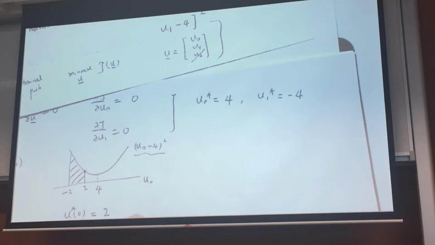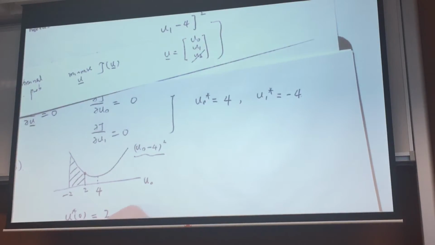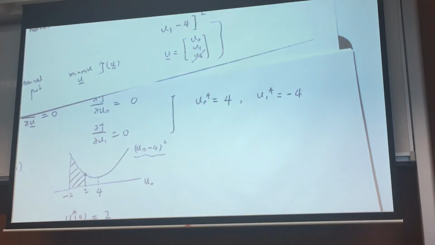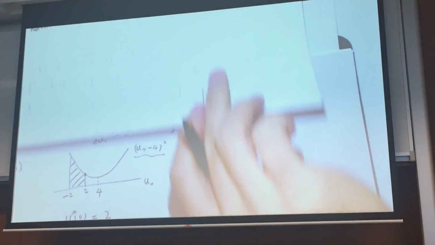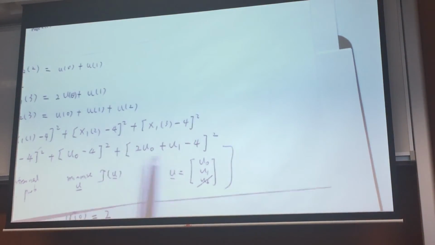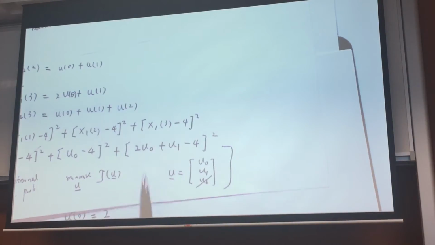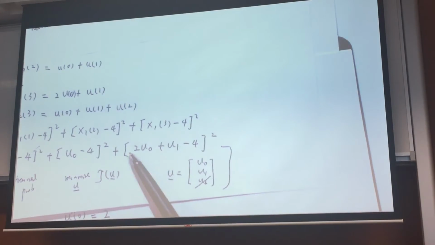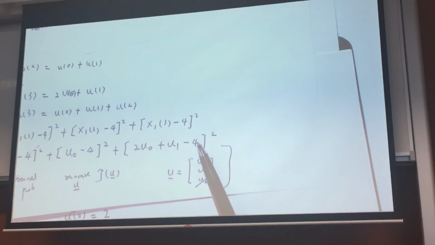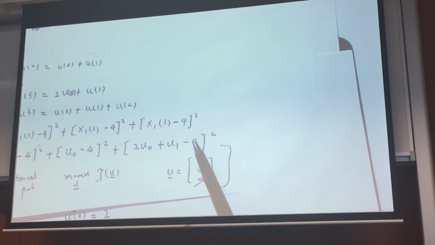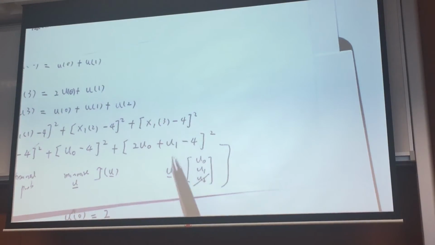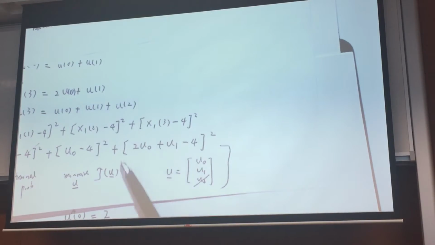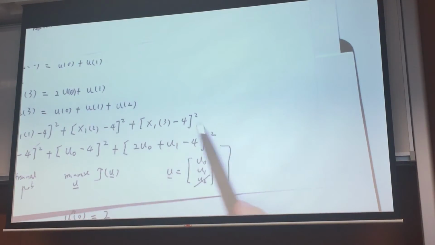Next, you may check what happens to u1 star. You may just check this equation for u0 star equal to 2. If this one equals 2, this one equals 4. So 4 minus 4 will be 0. So when u1 star equals 0, this one becomes 0.